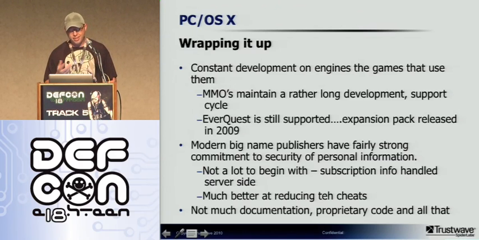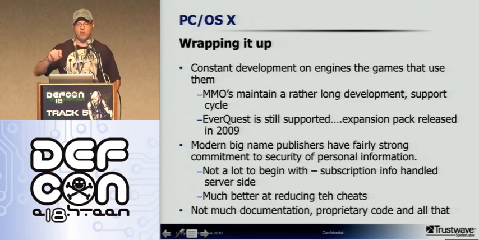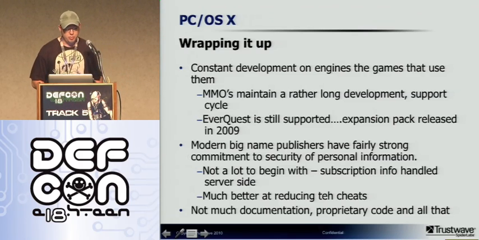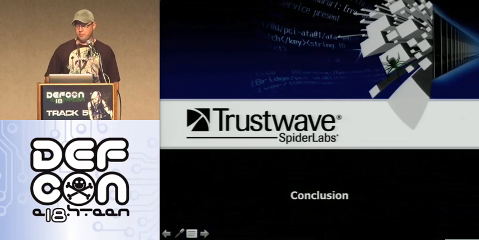With modern big name publishers, again, there's not a lot to begin with. All the subscription stuff, the personal information, is handled server side. So you're not going to find credit card numbers stored on the system. You're not going to find username and password stored on the system, unless somebody has a plain text file saying my WoW account login information. And lastly, not much documentation, proprietary code and all that fun stuff.